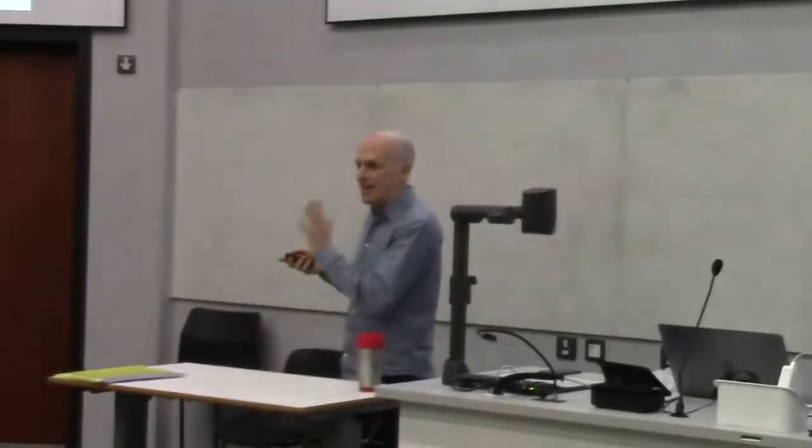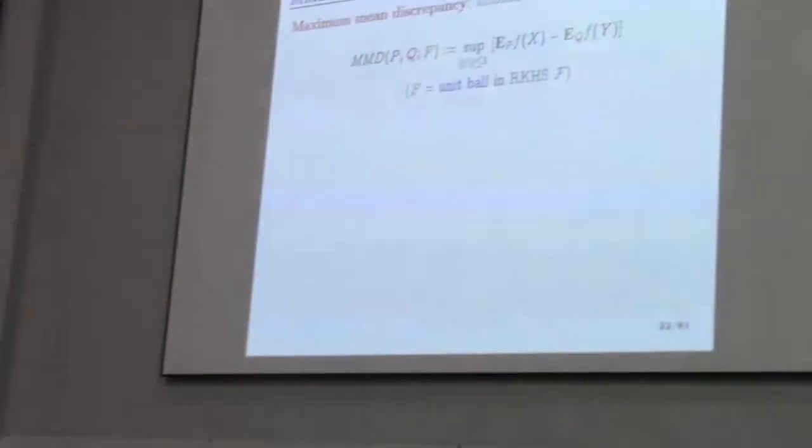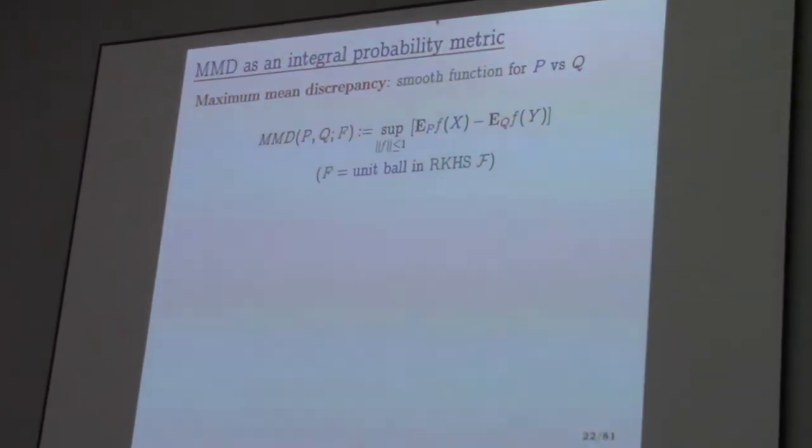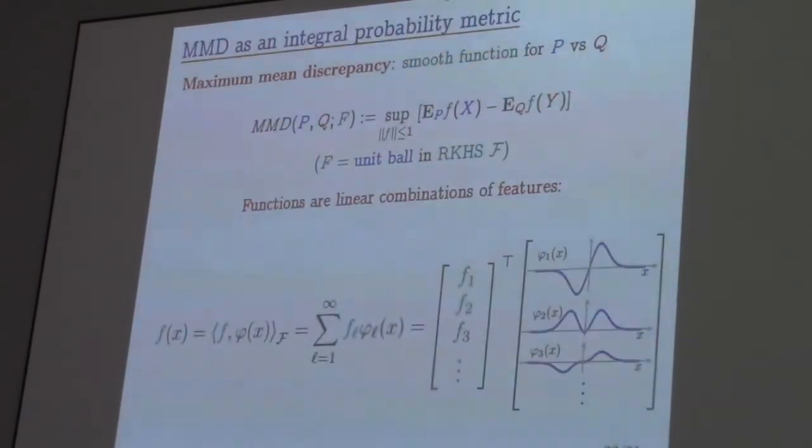So what is my class of well-behaved functions? Well, I can use a unit ball in a reproducing kernel Hilbert space as my class of smooth functions. What does that mean? It means that I take as my function a sum of the features that I defined earlier, where the sum of the squared coefficients is less than or equal to 1.